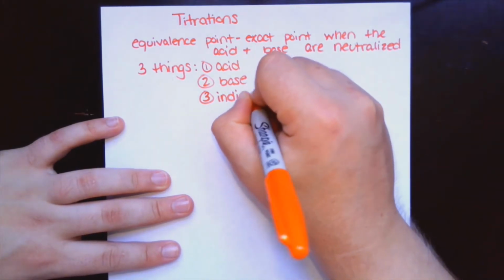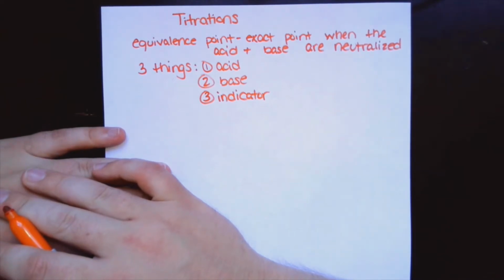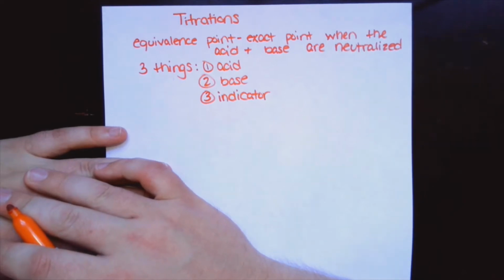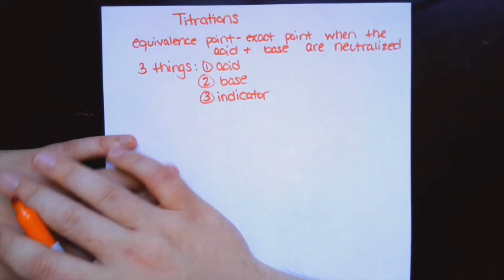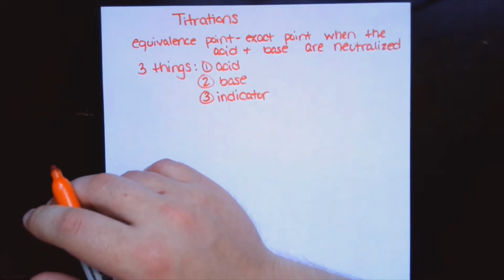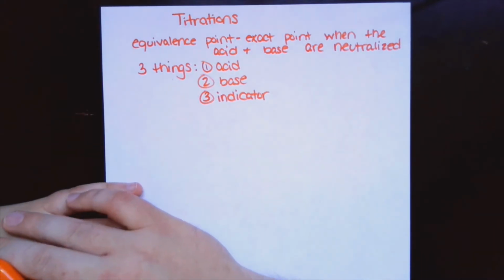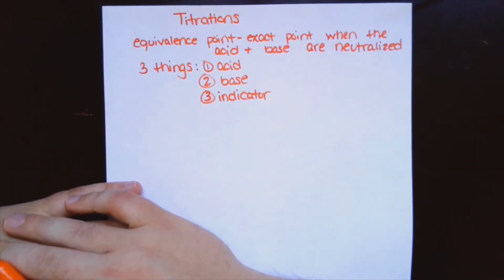An indicator is something that undergoes a physical change at the pH that you're looking for. Technically you don't always need to look for exactly a pH of 7, although that is definitely the most common. The most common physical change is a change in color. A very common one is phenolphthalein, which below a pH of 7 is transparent and colorless, and right at about a pH of 7 turns pink.